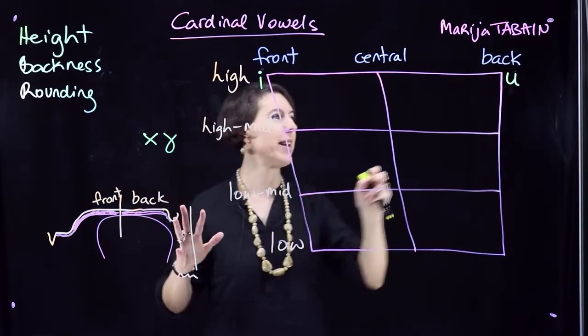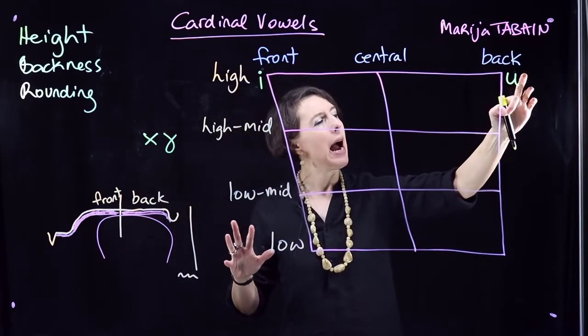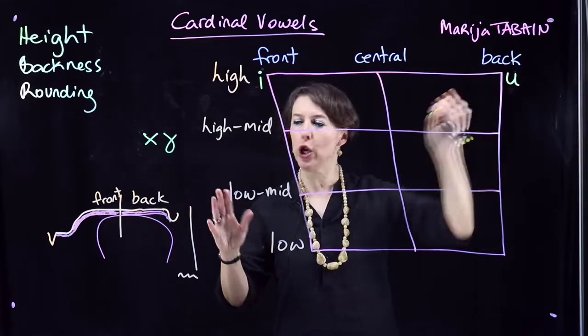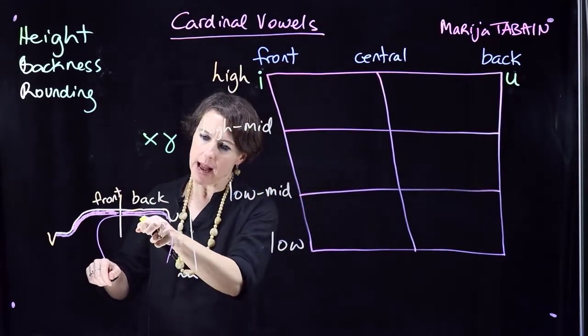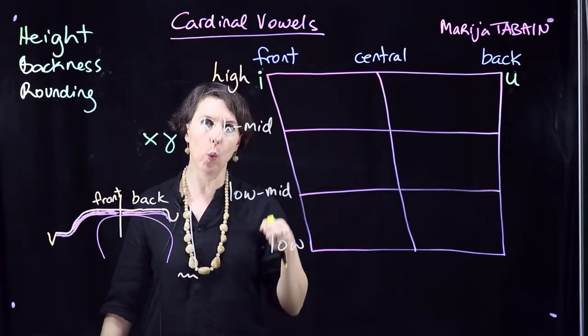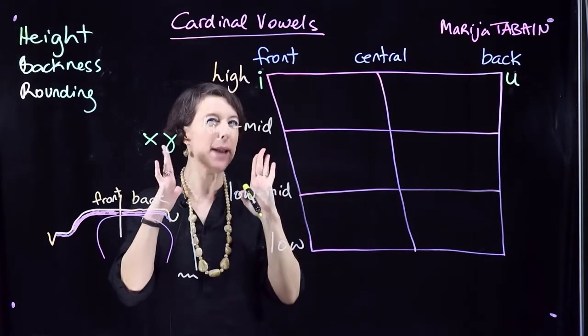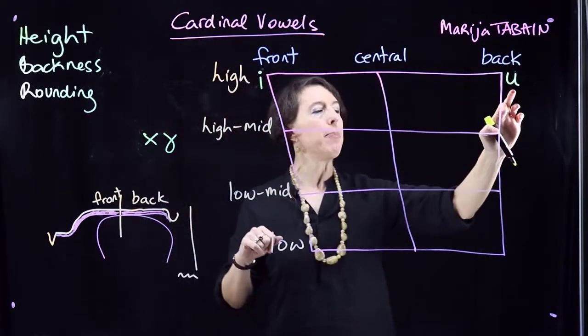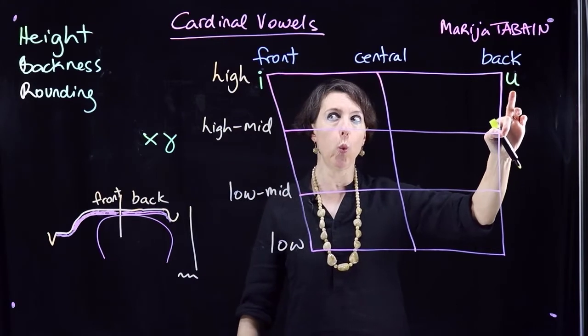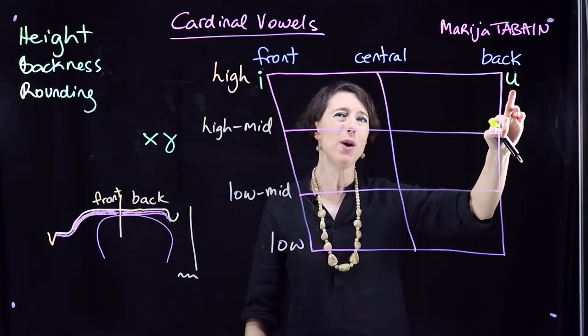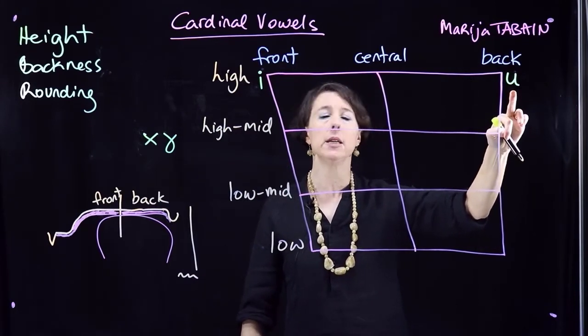I hope I'm not scaring anyone. Yeah, so you're trying to get your tongue high and back. So not just back, but high and back, okay? With the lip rounding. Most of you should be able to achieve that, okay?